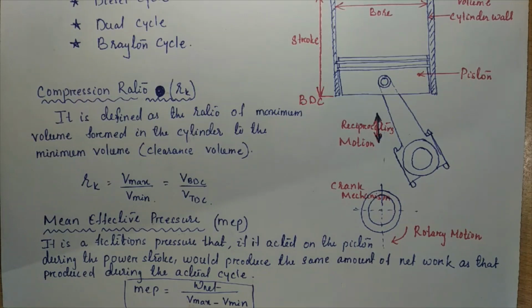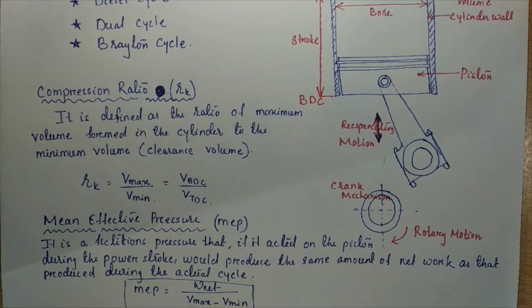The displacement volume is V maximum minus V minimum. V maximum, as we already discussed under compression ratio, is the maximum volume formed in the cylinder while the piston moves from TDC to BDC.